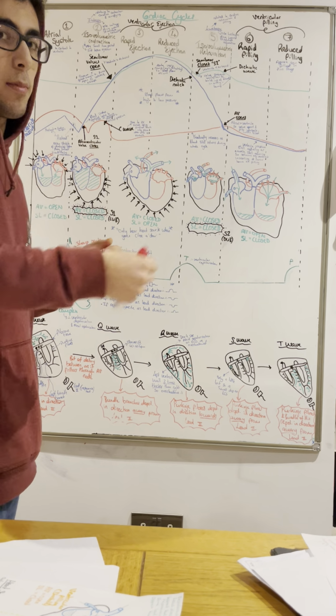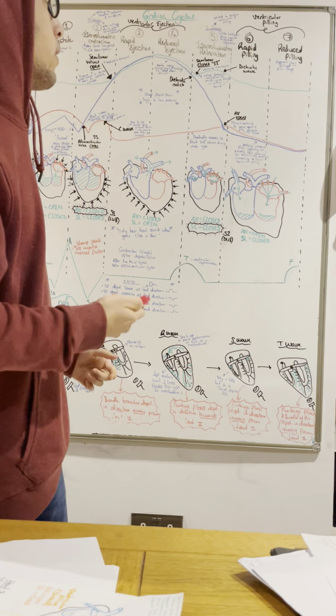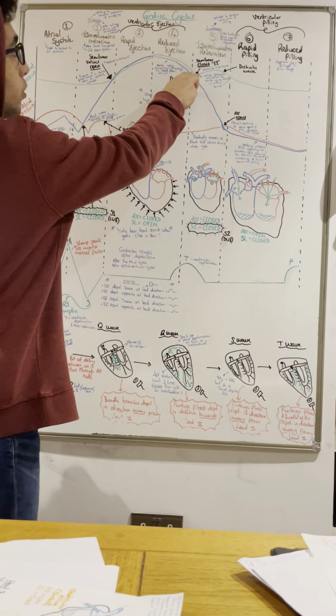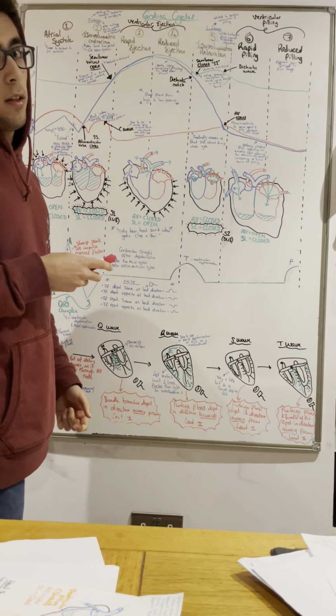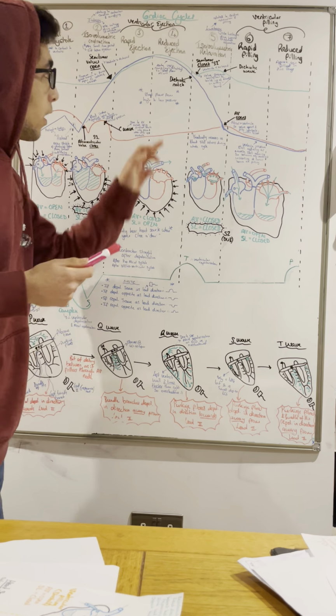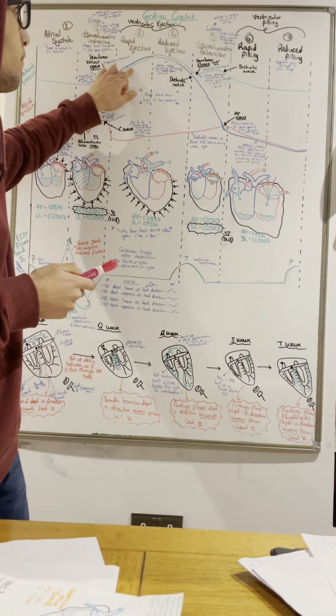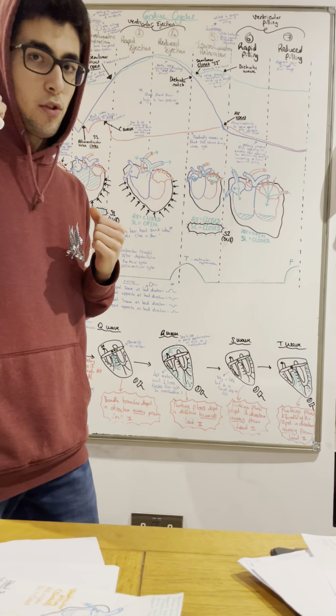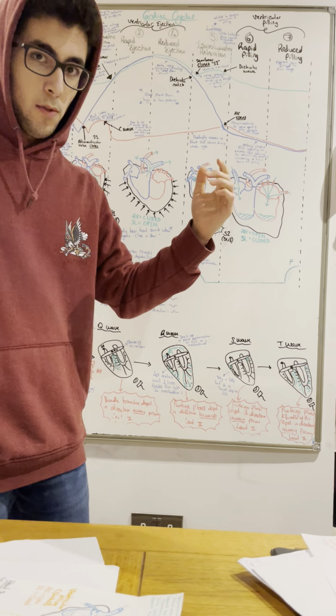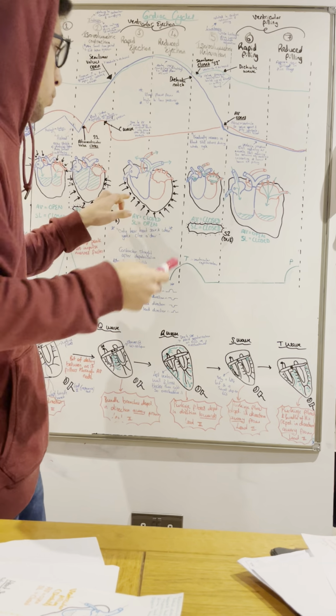So the momentum of the blood will keep it going for a bit, until we get to this point. So at this point we've got the fact that it's a higher pressure in the ventricles than the arteries, so it's going to rush out and it's being squeezed.